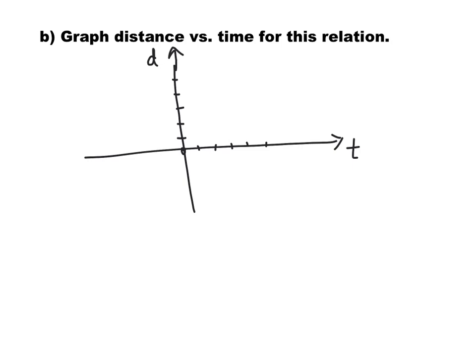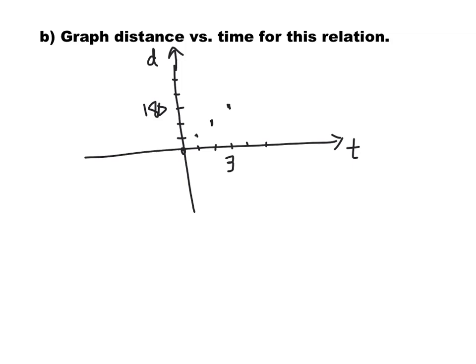When time is 1 hour, the distance is 60, which goes here. When time is 2, it is 120, which goes here. When time is 3, it is 180, which goes here. Remember, this is 180 here, and this is 3, so 3 and 180 is this point.